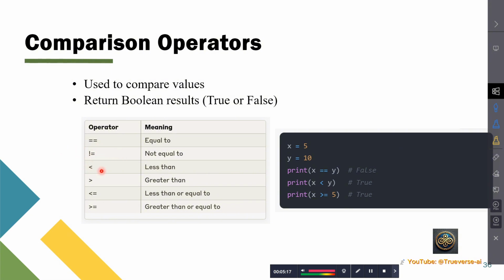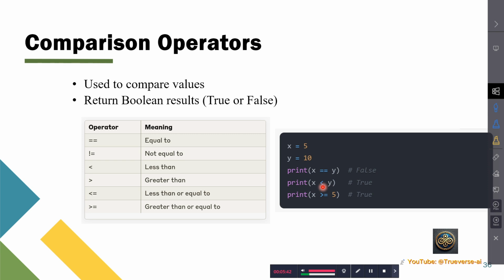Or this is less than, this is greater than, less than or equal to, greater than or equal to. For instance, x is assigned 5, y is assigned 10. When you say x equal y, this is a comparison operator. The result is false because it's not equal.